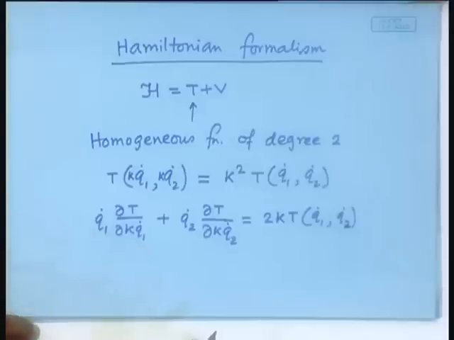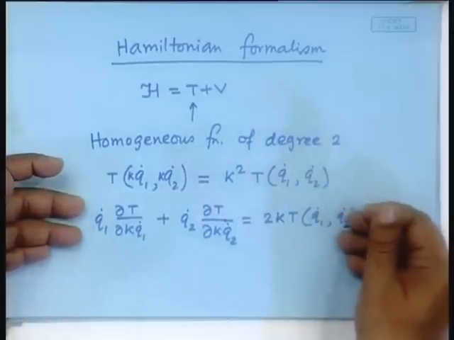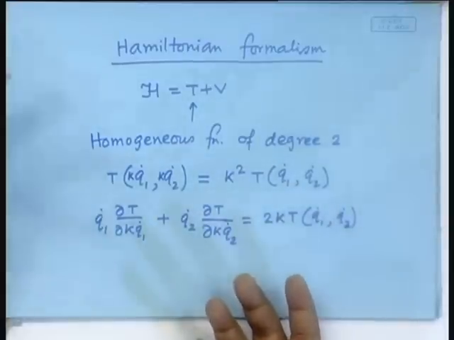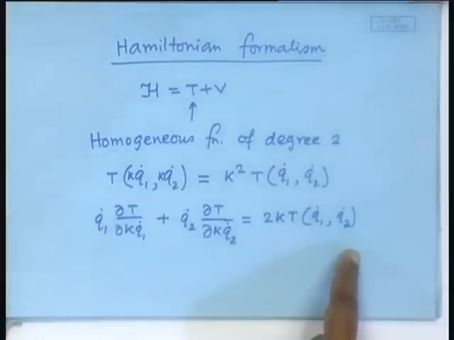Now, this is again a property of the homogeneous function of degree 2, this equation, and k being arbitrary, we could choose any k, and still this equation will be valid. If we choose k equal to 1, then also this equation will be valid. Okay, choose k equal to 1.